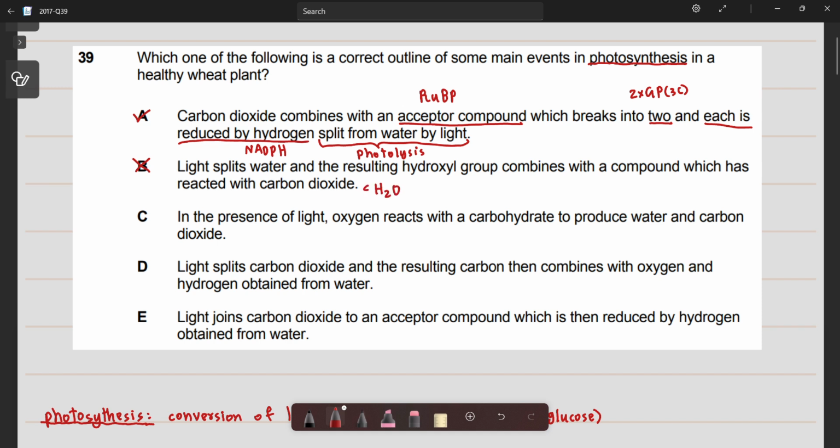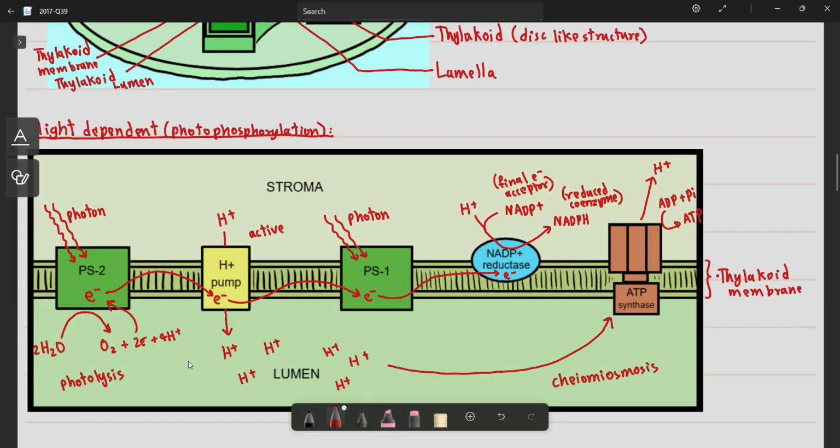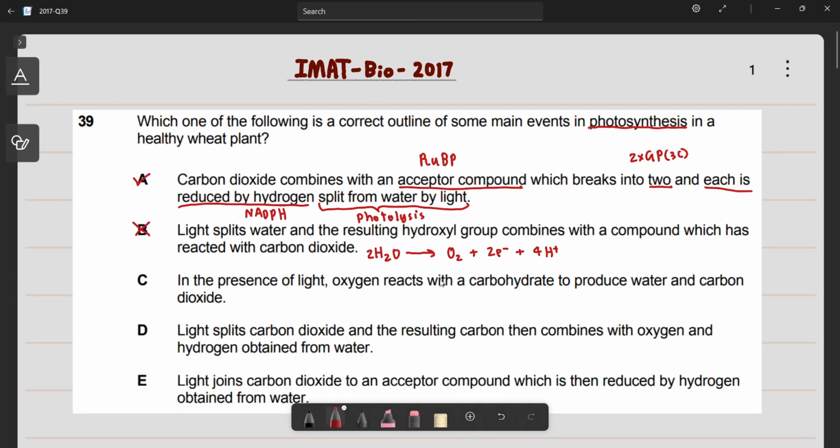As I've explained before, in photolysis two water molecules are split into oxygen, 4 electrons and 4 protons, in photosystem 2.